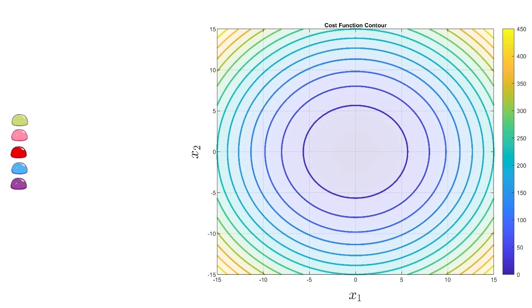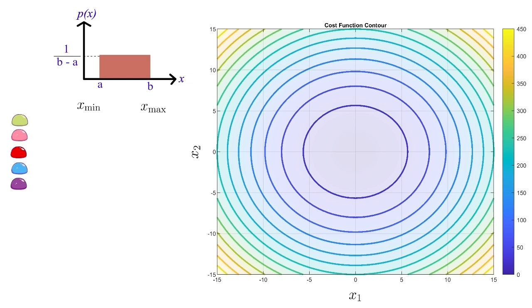Each particle's position is randomly initialized within the defined limits using a uniform distribution. This means that each position within the specified range has an equal probability of being selected, ensuring a diverse spread of initial positions across the search space.